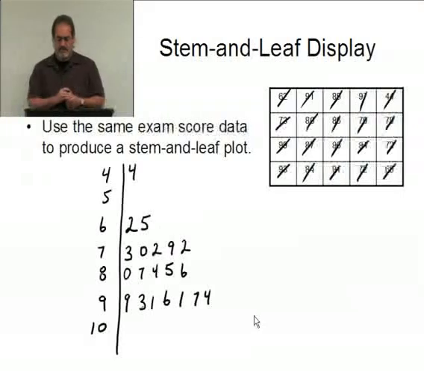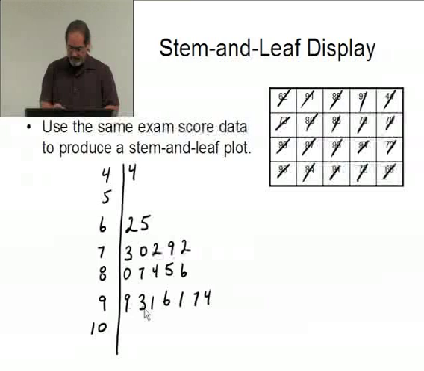Okay, there's my stem and leaf. I can see that I had a 91, actually two 91s, a 97, a 94. I can see all my data values in here.